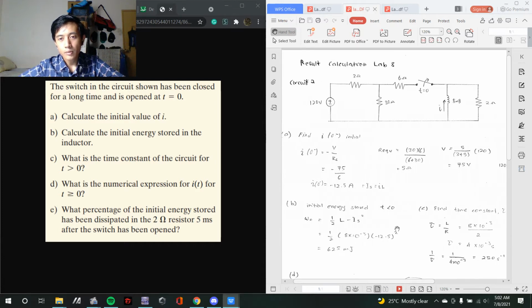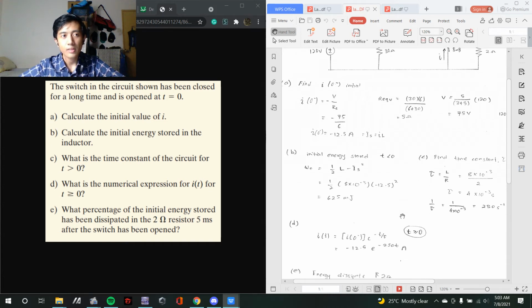From there, using the values here, we can use Ohm's law and find the initial current, which is negative 12.5 ampere. Is is also the initial current, and IL is the current flowing through the inductor initially when the circuit is in steady state. So let's move on to question B, to calculate the initial energy stored in the inductor.